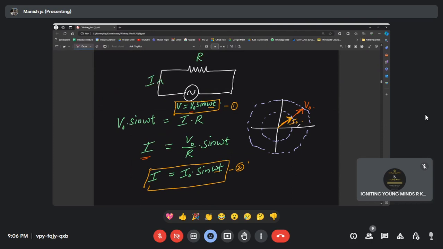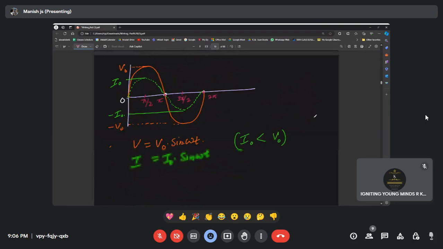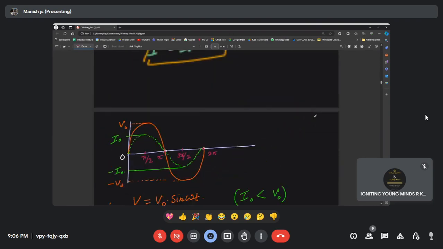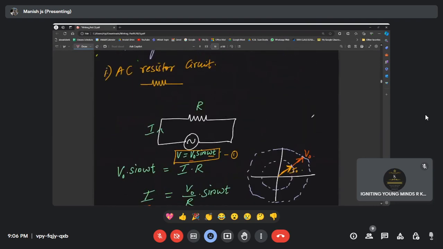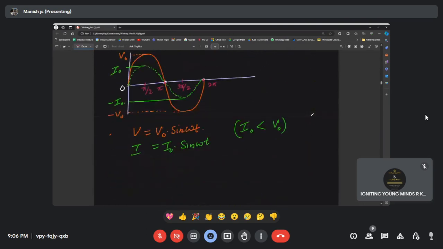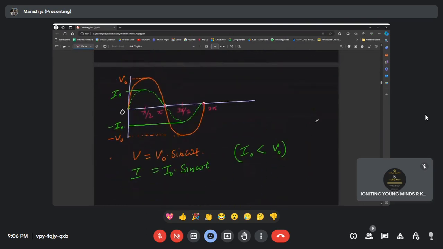Same way we have AC inductive circuit, and we also have AC capacitive circuit, combinations of inductor and capacitor, capacitor and resistor, resistor and inductor. Then all three also will come, LCR, inductor, capacitor and resistor. So all that we are yet to see. We have seen the first part, AC resistive circuit, analyzed today in this lecture.